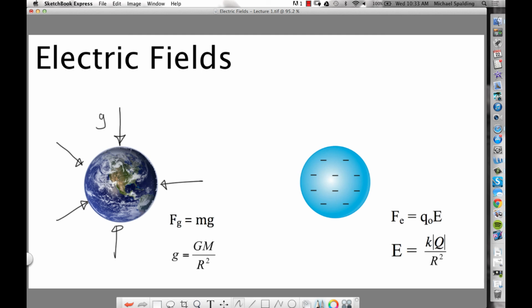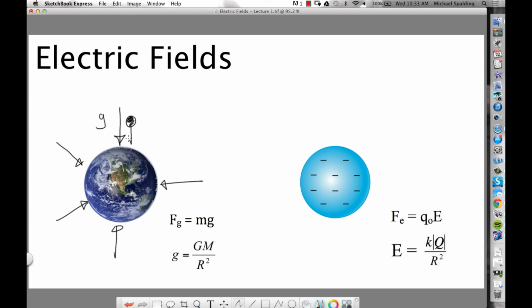Now, what if you put a mass near the surface of the Earth, or even not near the surface of the Earth? What will the Earth's gravitational field do to a little mass placed in the field? It'll pull it down, right?